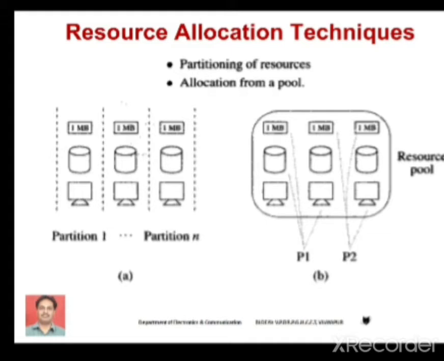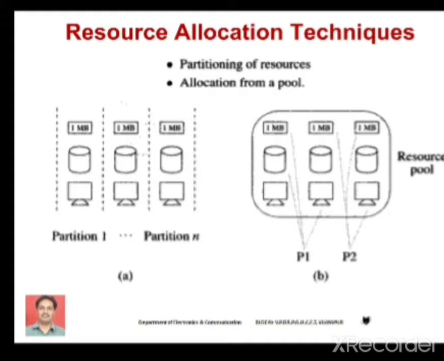On the other hand, we have the second technique called allocation from a pool. In this case, the operating system is going to maintain a pool of resources. The operating system will have knowledge about all the available resources in the system. Here, the resource is allocated to the program only when the program makes a request. Otherwise, that resource will be kept in the pool.